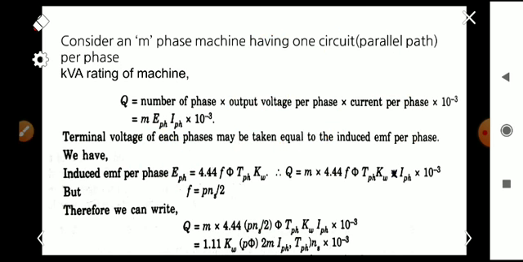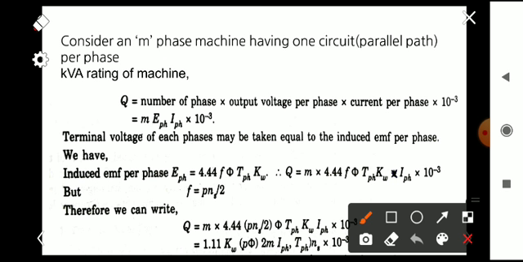I hope it's clear, and therefore we can write the output equation Q as M into 4.44, and instead of f we substitute P ns by 2, into phi into T phase into kW into I phase into 10 raised to minus 3. Just rearranging, the 4.44 and 2 can be cancelled and it becomes 2.22, and this 2.22 can be written as 1.11 into 2.